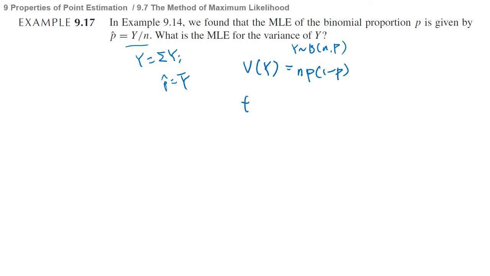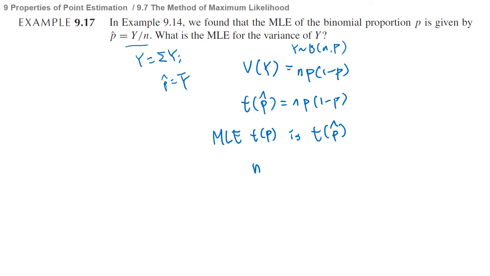Let's define the function t(p) as np(1 minus p). Then the MLE estimate is just putting p hat here. So the MLE for t(p) is t(p hat) from the previous exercise problem. So the MLE is n y bar (1 minus y bar). So this is our MLE.